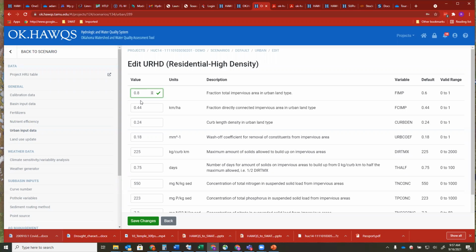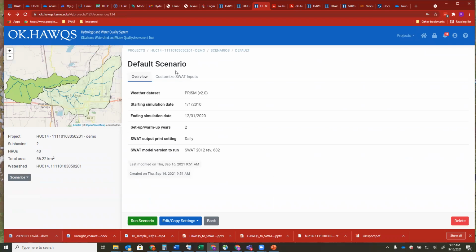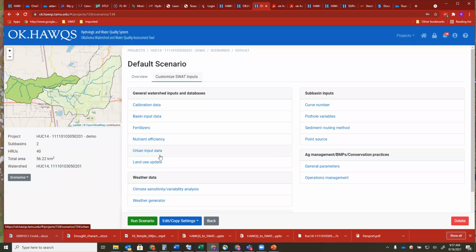Open means grassland, where you have soil and the percolation, infiltration and runoff, all those things will be calculated based on typical land, versus 80% simulated as urban landscape. So you can modify any of the inputs, whether it's urban or fertilizer or any other input that you're interested in modifying.